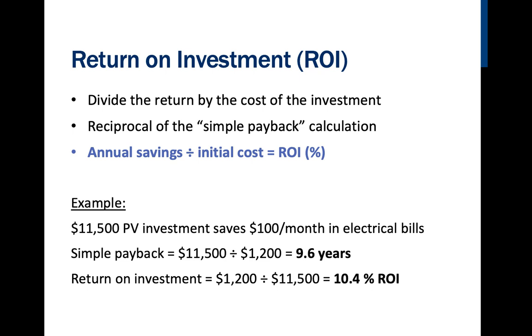So the return on an investment of $11,500 is going to give me a 10.4% return on investment. But the return on investment on my 30-year T-bill, as I said a minute ago, was like 3%. So this is more than 3 times greater return on investment than a T-bill, the world's safest investment.